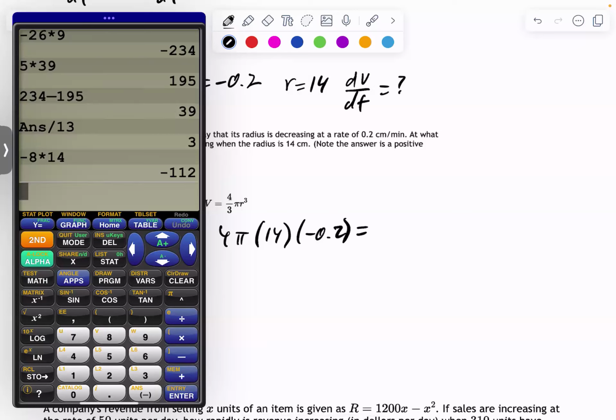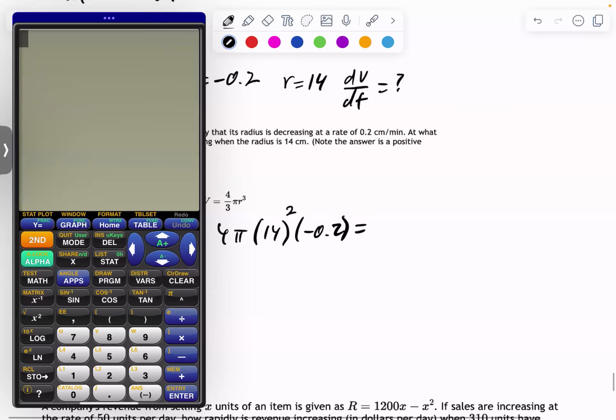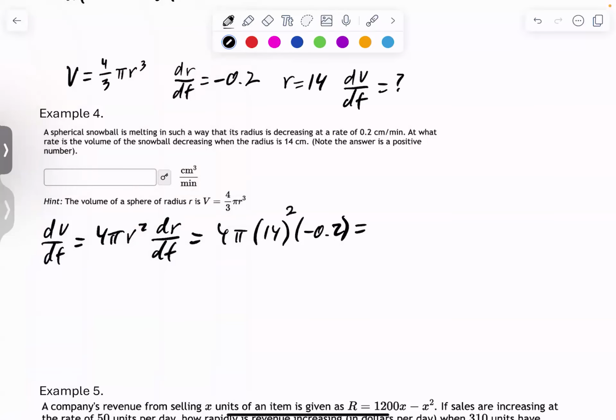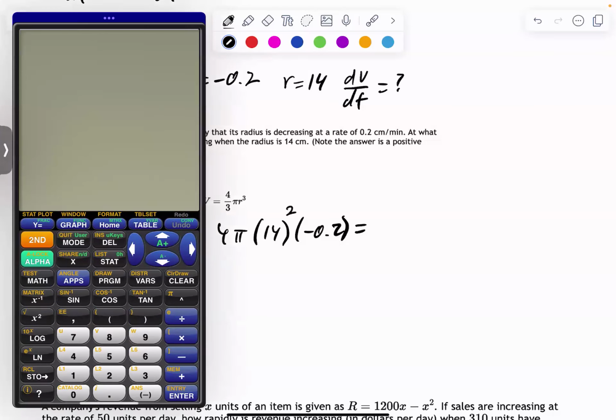Oops, I didn't square the 14. Let's do that again. Yeah, so let's do 4 times 14 squared times negative 0.2.